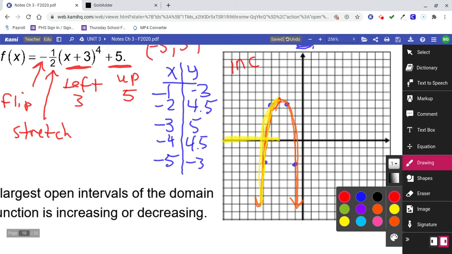This thing is increasing from -infinity to whatever that x number is on that vertex, -3, bracket. And then you look at the other half of the graph, where this thing is decreasing. But when they talk about the interval, they want to know the domain. So you look at the x numbers for which that thing is decreasing. This thing is decreasing from -3 to +infinity.